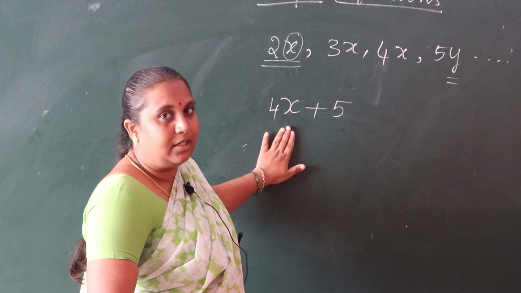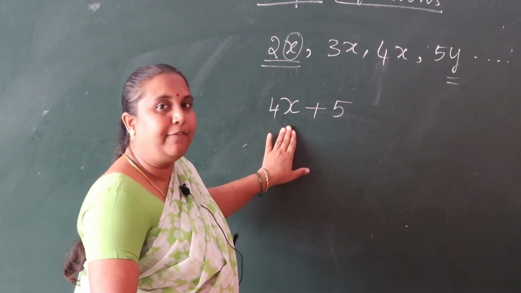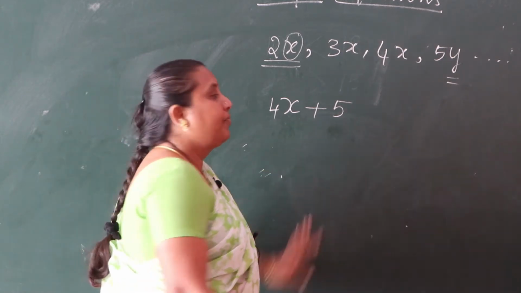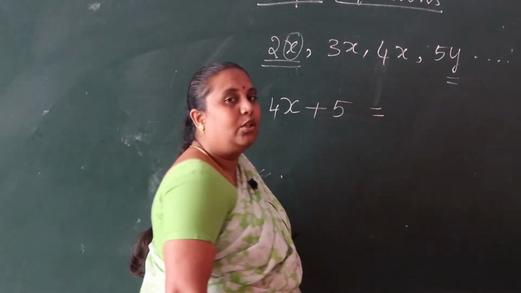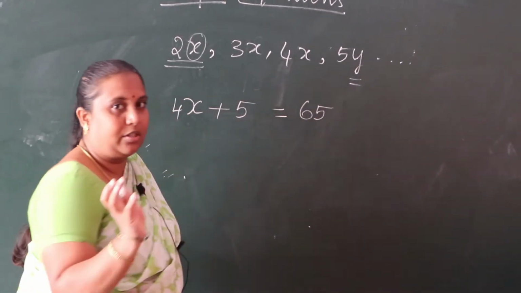So you thought of a number, multiplied it by 4 and added 5. I got 65, or you may have got any other number.